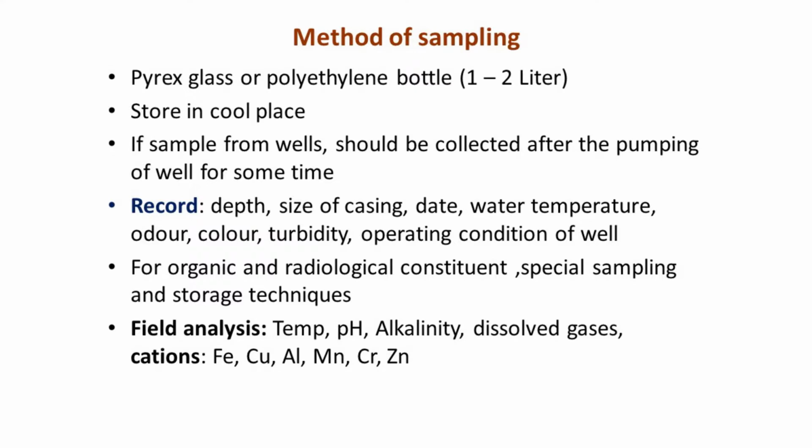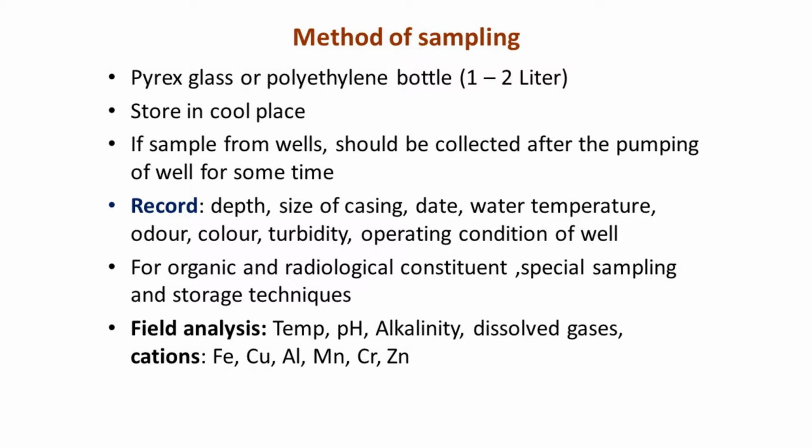Now, if we are going to talk about the quality of groundwater, it is very essential to understand the method of sampling, how to sample the groundwater from the field. In sampling, we need Pyrex glass or polyethylene bottles to collect the water samples.